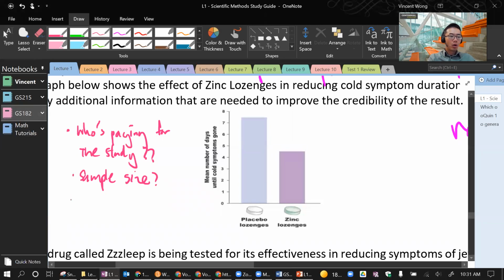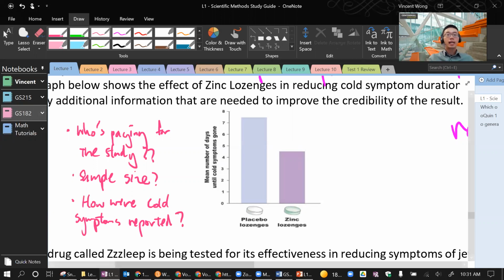We also want to know things like how were cold symptoms reported? Could it be confused with allergies? Is there a checklist that people use? How is it being evaluated?